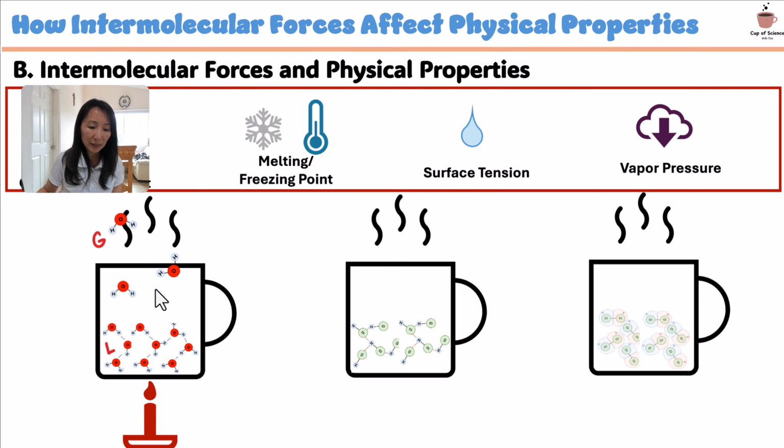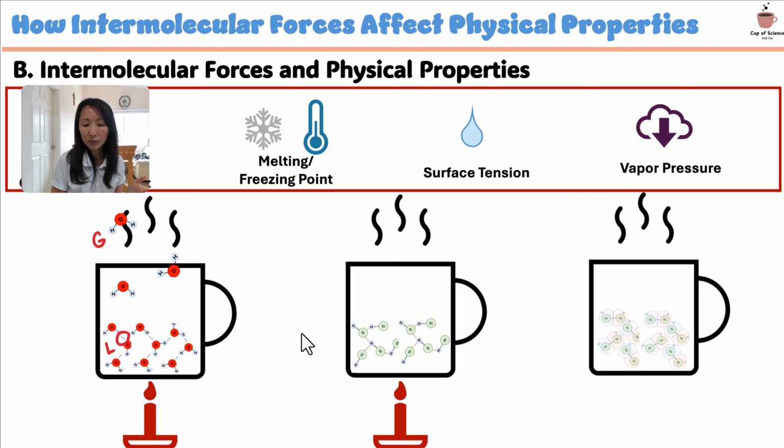That means that this hydrogen bond over here, let me zoom in real quick, that means that hydrogen bonding has been broken off. Well, it took quite a bit of temperature in order for the hydrogen bond to break to go into the gas phase. Hence why this will have a very high boiling point. What about the next one?